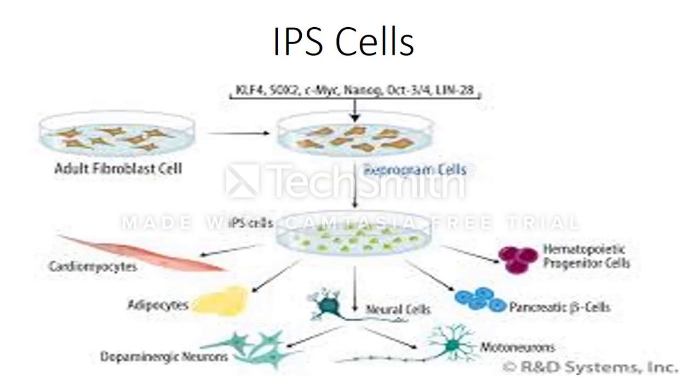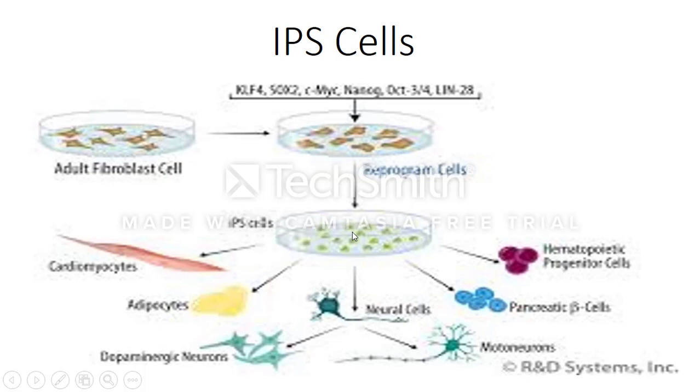And these transcription factors are able to move differentiated cells back into stem cells. So how we start off with this is we start off with some adult fibroblast cells. They're put into a petri dish, and we add these transcription factors to them. And then these cells are reprogrammed, and they are then iPS cells.